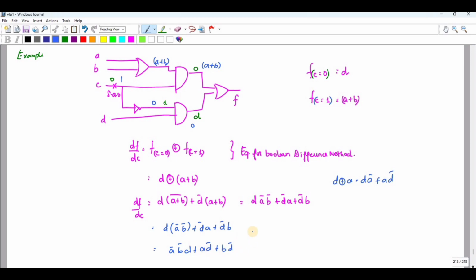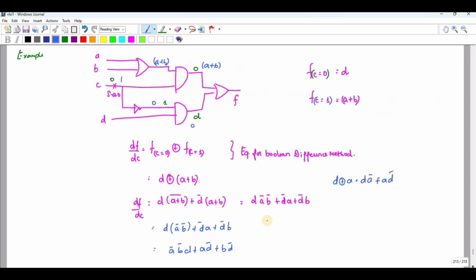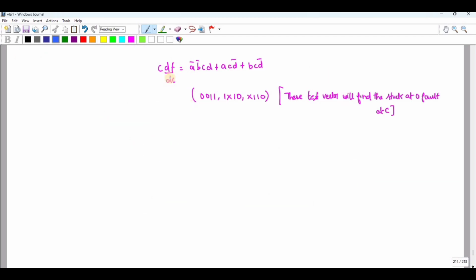So the test vectors are now, you can see, since c is stuck at 0, you have to multiply with c. If c is stuck at 1, you have to multiply with c bar. So you are multiplying c with this equation, and you can write this as 0 0 1 1.